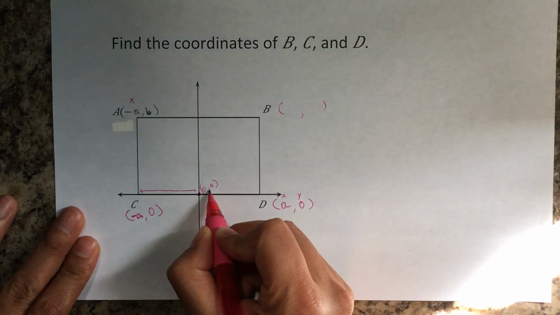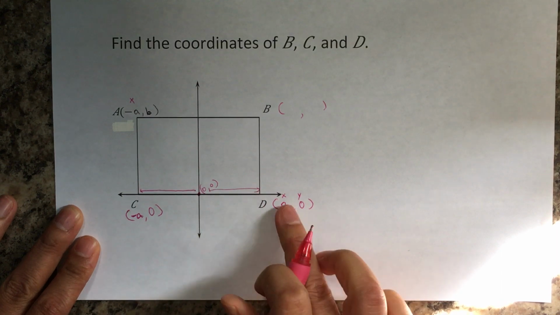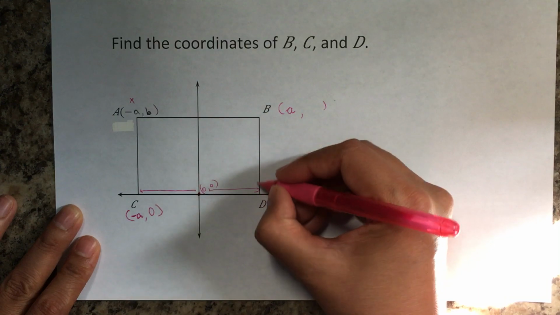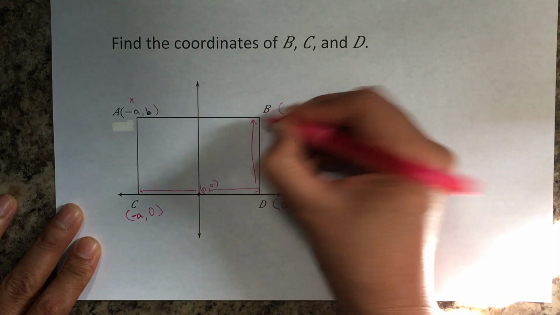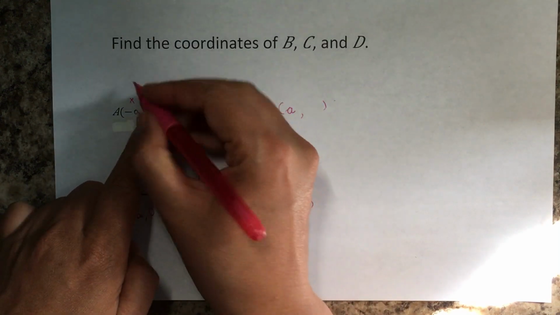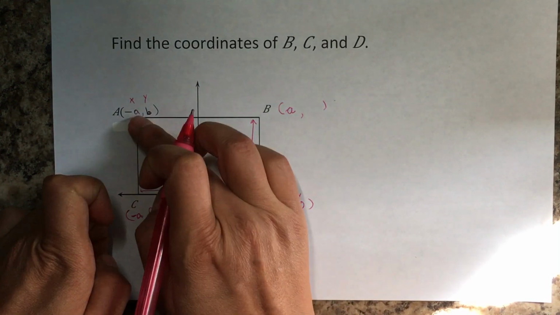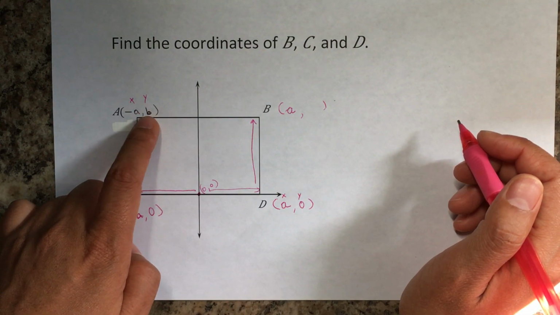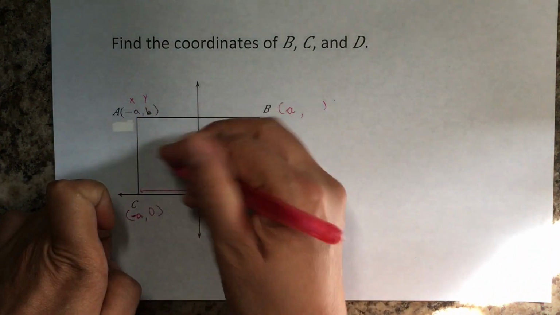For B, we go that same distance on X, positive A. And we also go that distance on Y. We already know that that distance on Y was labeled with B. So that means that that's B, right?